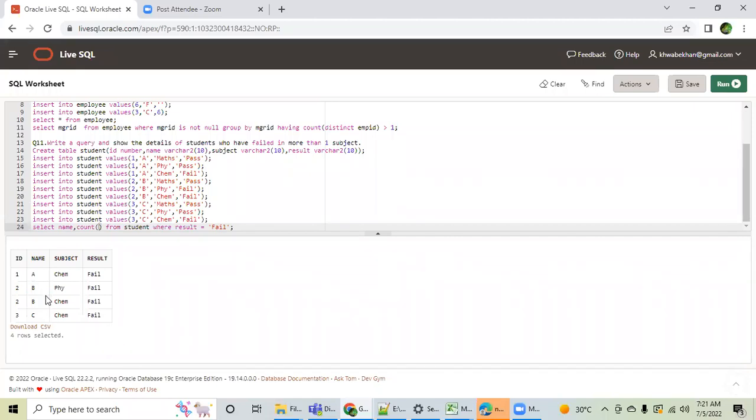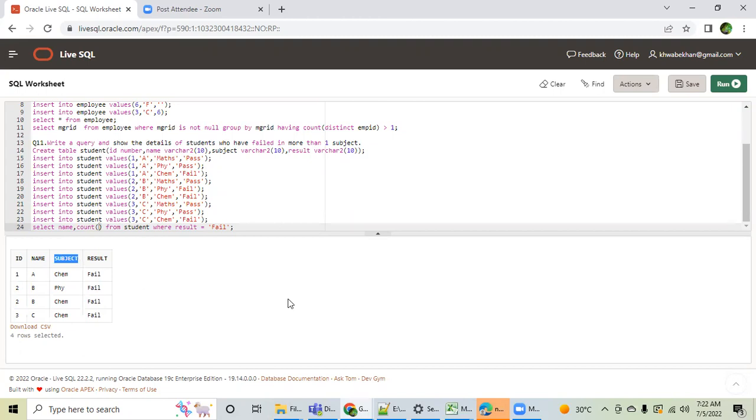Correct? That is the question. Here you have to find those students who are mapped with more than one subject in fail condition. So you have to find the name and count of subject, not ID. You are bothered about subject, no?